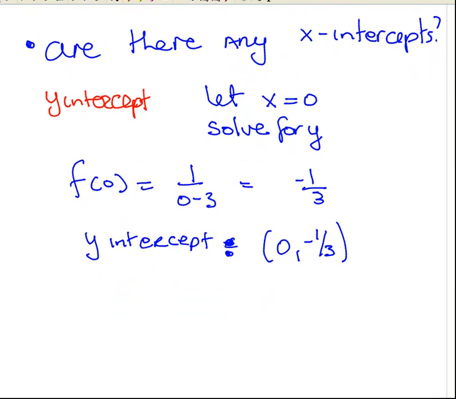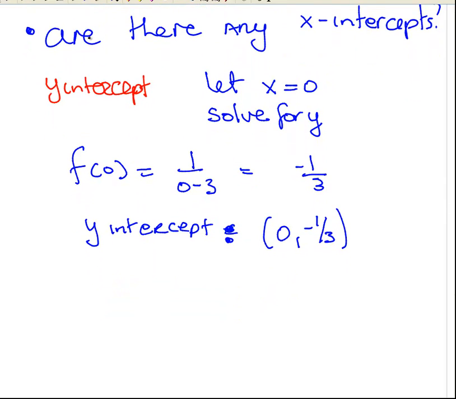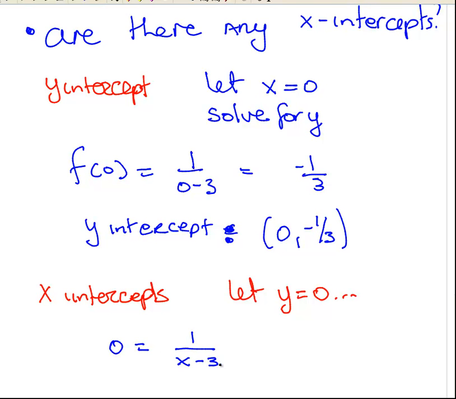Now, are there any x-intercepts? Well, in general, what we do here is let y equal 0. But there's a problem here. If 0 equals 1 over x minus 3, we can't solve that because 1 over x minus 3 can never equal 0.